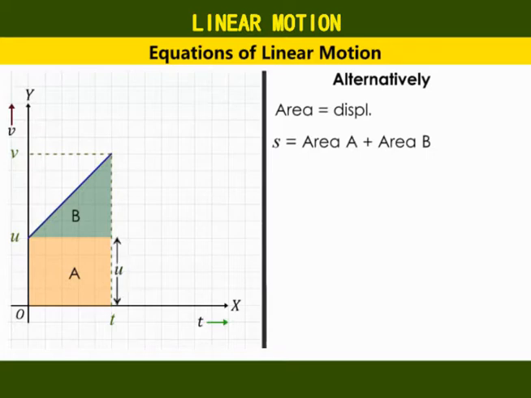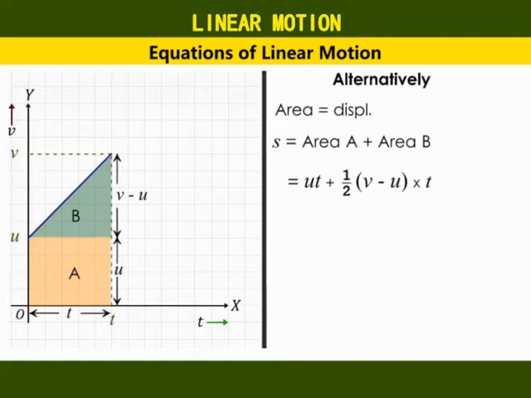The length is u and the width is t, so that we shall have u times t, or ut. The area of B is a half base times height. The base is t and the height is the difference between u and v, or v − u. So the area is ½(v − u)t. So that the total displacement s = ut + ½(v − u)t.